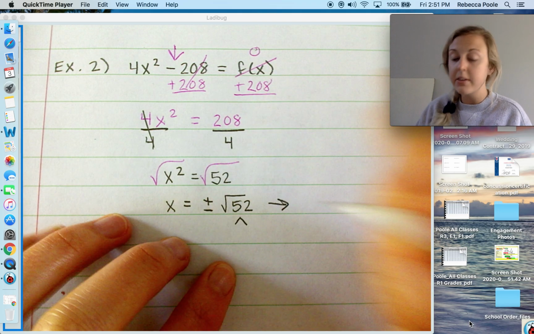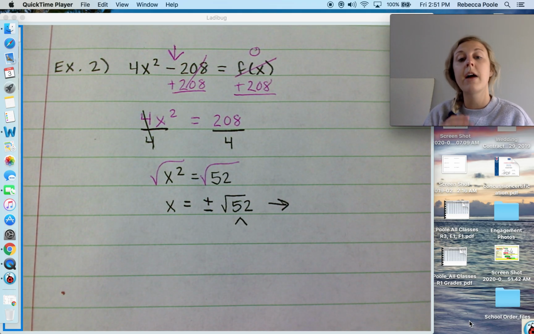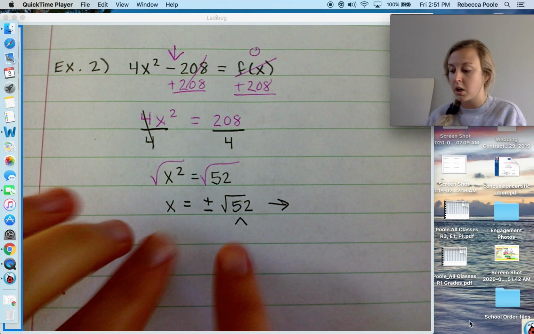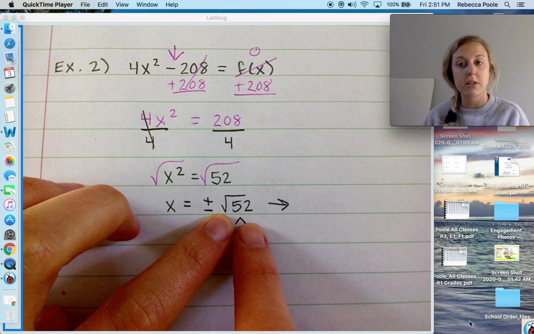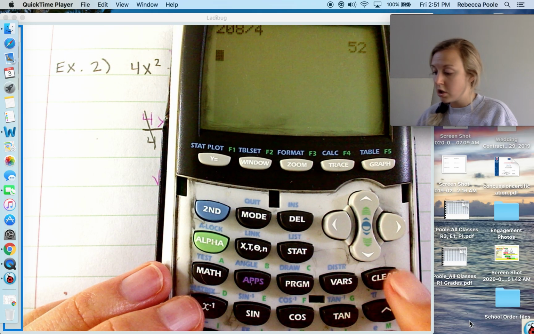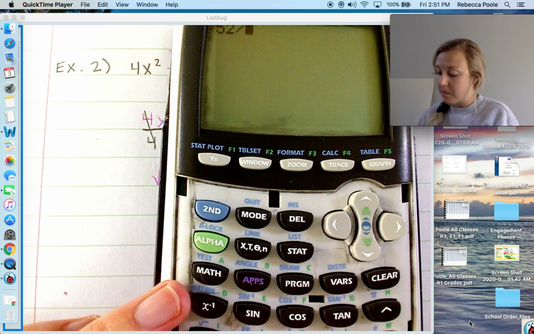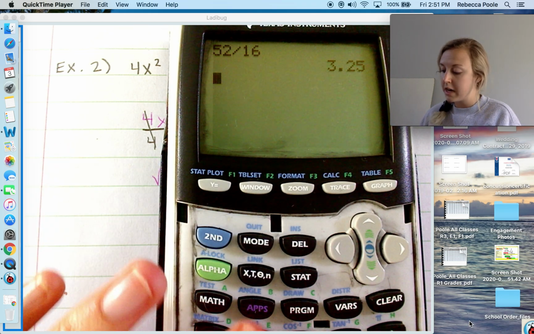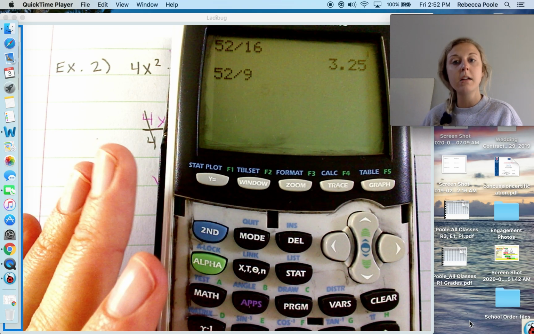To simplify this radical, I want to find the biggest perfect square that goes into 52. So my options are 4, 9, 16, 25, 36. I know 36 isn't going to work because if you do 52 divided by 2, you get 26, right? So let's see if 52 divides by 16. Didn't work, right? So let's try the next biggest one. 52 divided by 9.